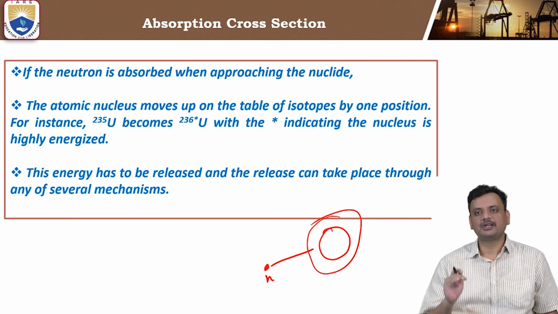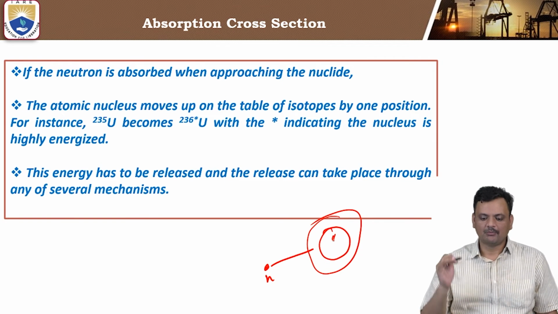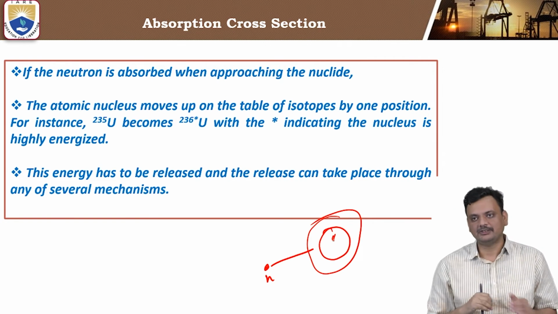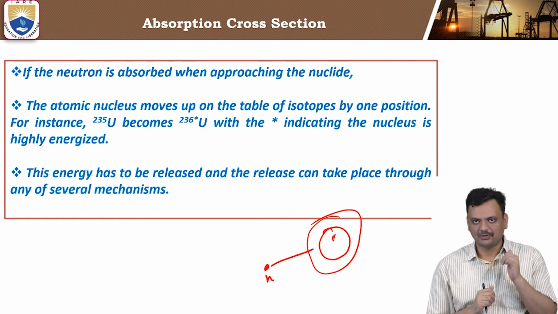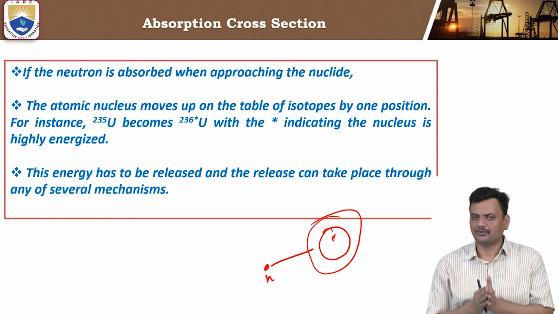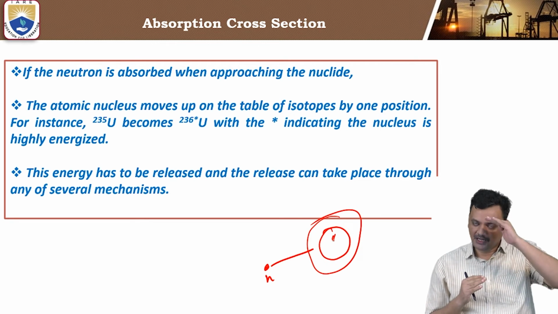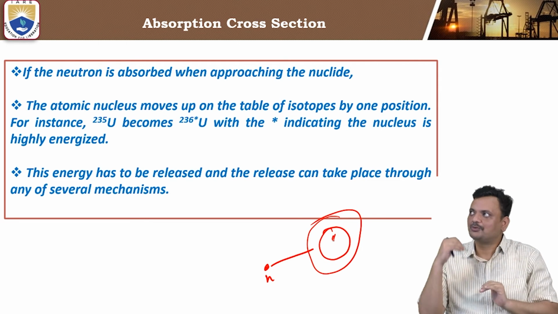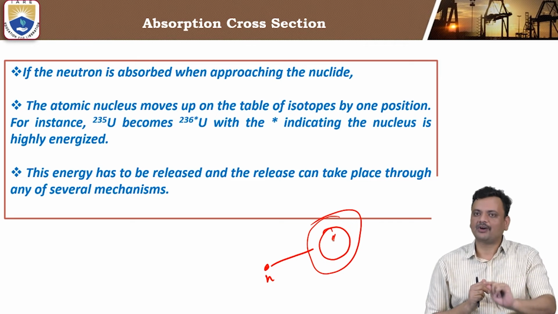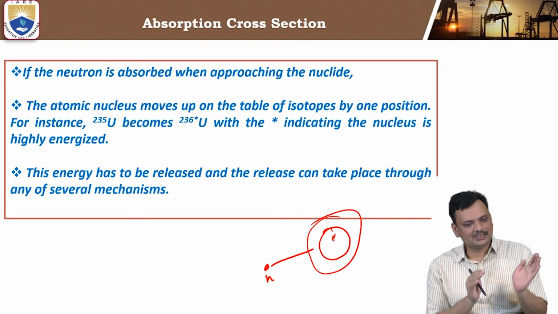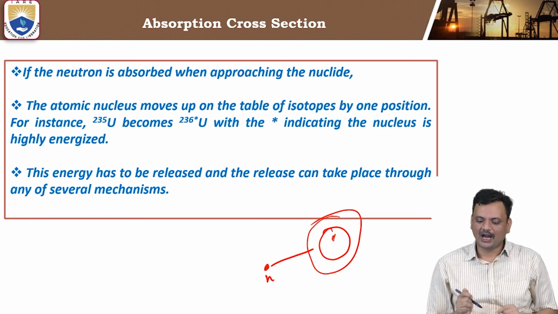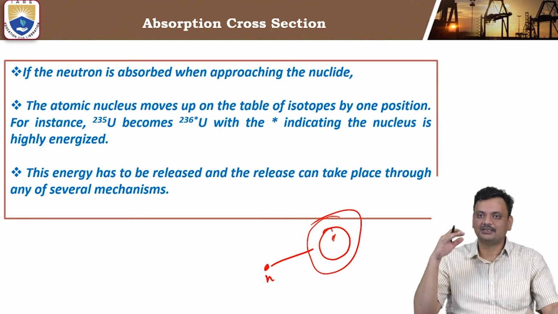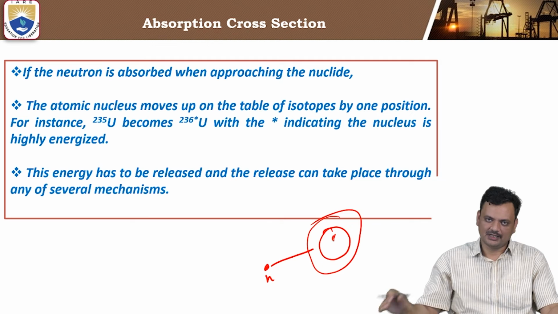The atomic nucleus moves on the table of isotopes by one position. For instance, in the case of uranium-235, it will become uranium-236. Why? Because this nucleus absorbed one additional neutron, and this star indicates the nucleus is in a higher energy state.